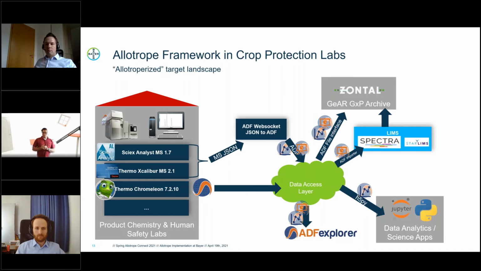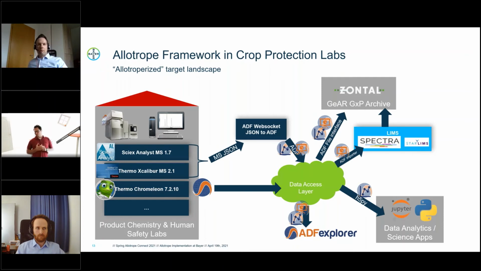This is done in human safety and residue analytics labs with a StarLIMS-based LIMS system that reads the relevant part from mass spec ADF files, and can then be further enriched and taken to the also ADF-based format. On the way, the ADF Explorer is also a crucial part to have a low-level and low-tech way of enabling users to just see what is actually in the files.